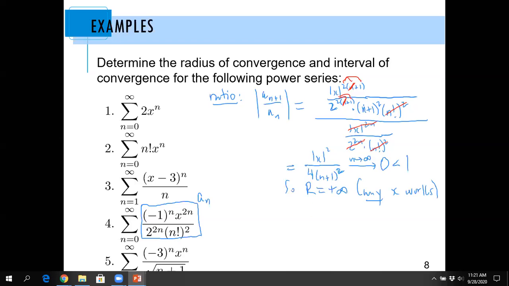Okay. So the interval of convergence is just minus infinity to infinity. And of course, what's the center of this thing? Yeah, right, because they were powers of x. They happen to be even powers of x, but they were powers of x nonetheless. Okay, so that's c is equal to 0.